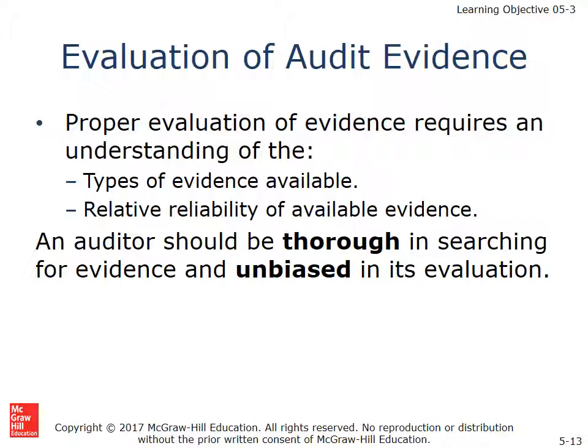The auditor must be capable of assessing when a sufficient amount of appropriate evidence has been obtained in order to determine the fairness of management's assertions. That comes with experience. An auditor, though, must be thorough in searching for evidence and unbiased in its evaluation. So you can't let biases impact you.